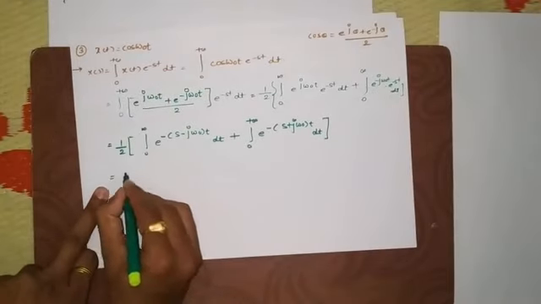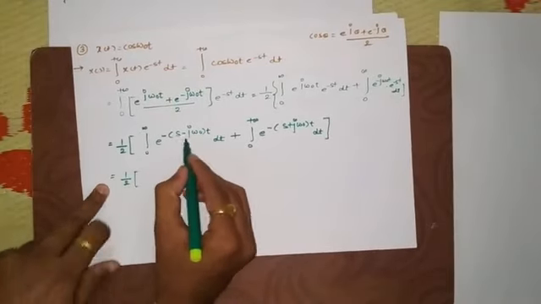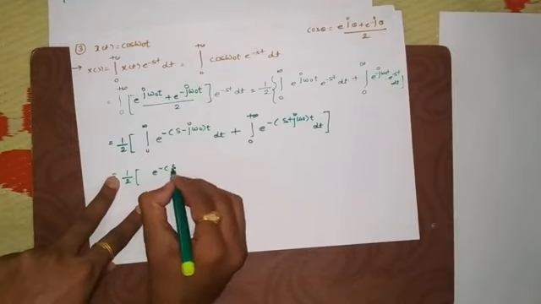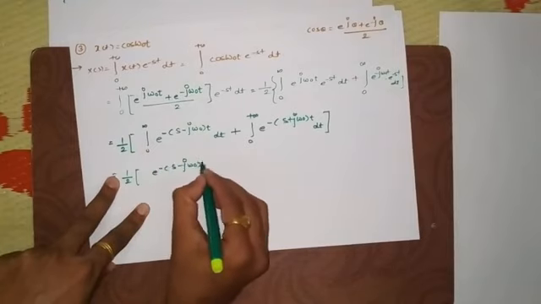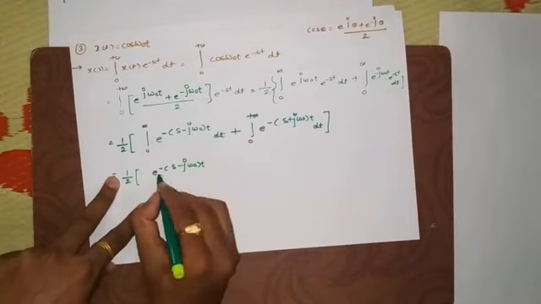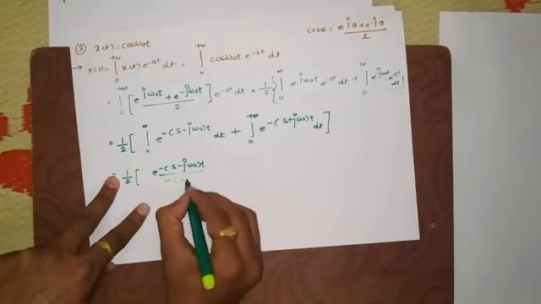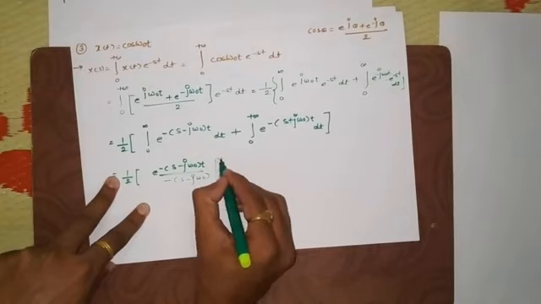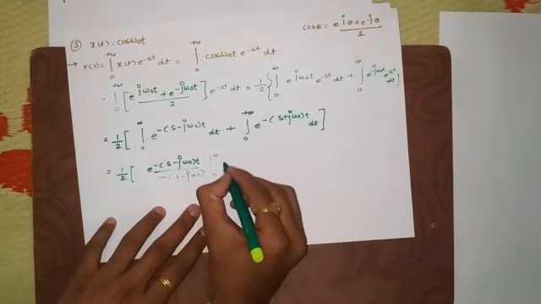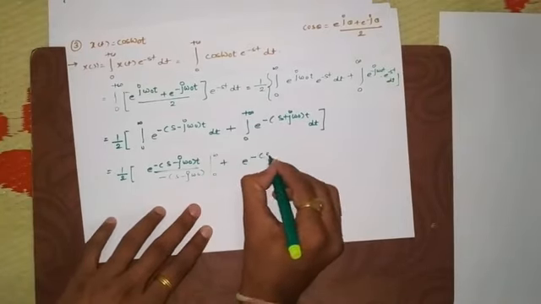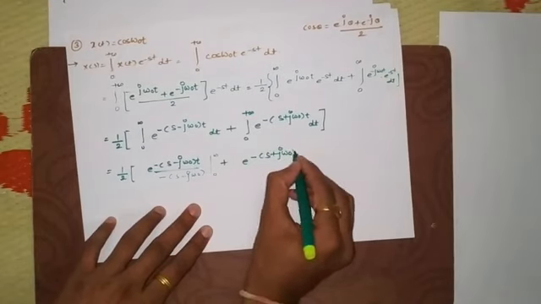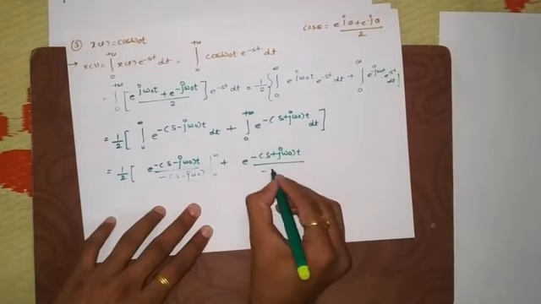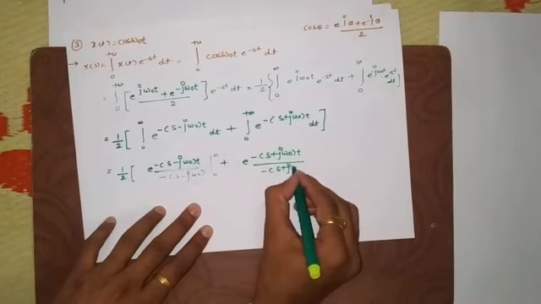Now we'll integrate this, 1 upon 2 as it is. Integration of this, e raised to minus (s minus j omega naught) t divided by minus (s minus j omega naught) over the limit 0 to infinity, plus e raised to minus (s plus j omega naught) t upon minus (s plus j omega naught).